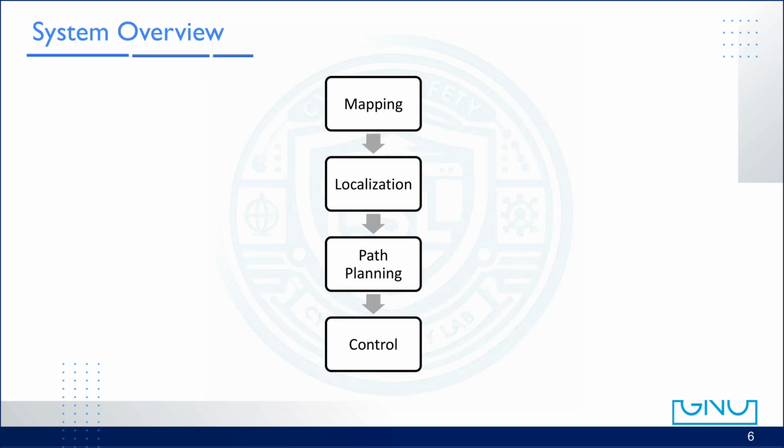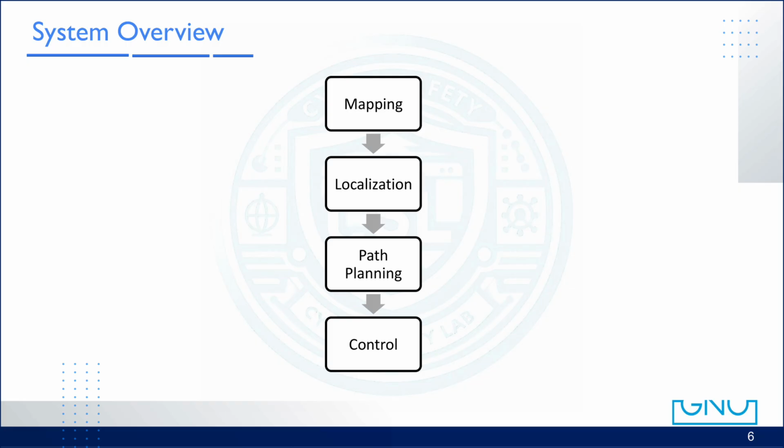Over the next few lectures, we will explore the full pipeline that enables an autonomous race car to understand its environment and navigate through it. This diagram shows the high-level system overview. We begin with mapping. In this stage, the car builds a representation of the racetrack or the environment around it. Next comes localization, where the car estimates its precise position within the map it has created.